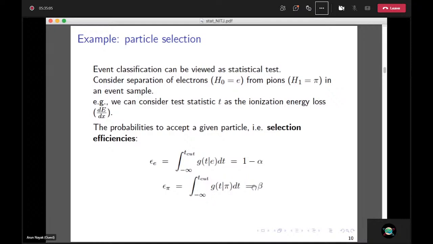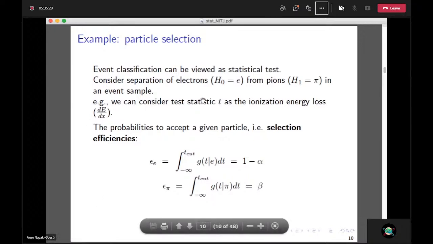So the energy loss per unit path length is different for different types of particles. Suppose we have an experiment where both these kinds of particles are there, and we want to select one type of particle. We use a test statistic, which is the energy loss per unit path length, so dE by dx.